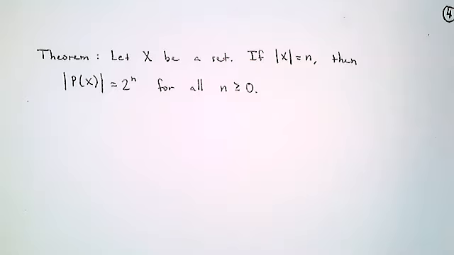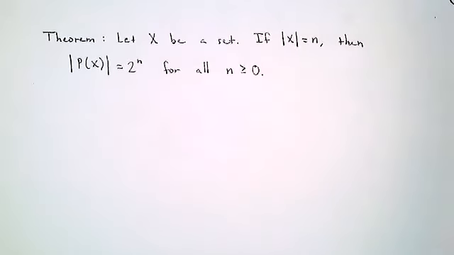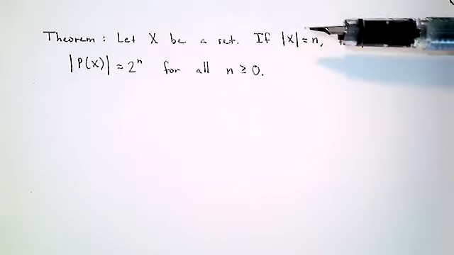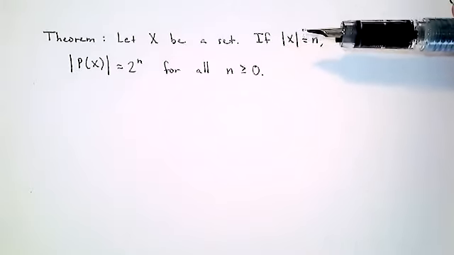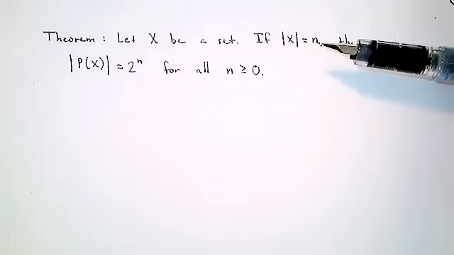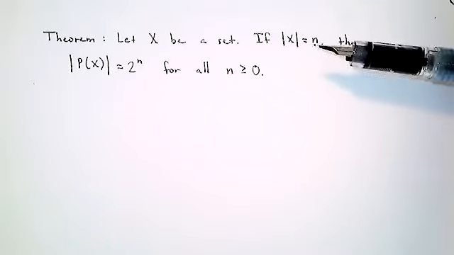Okay, here we go. So this theorem is something that we saw way back in chapter 1, and it has to do with counting the elements in a set. So remember these symbols that look like an absolute value, when you write them around the set, tell you how many members are in the set.